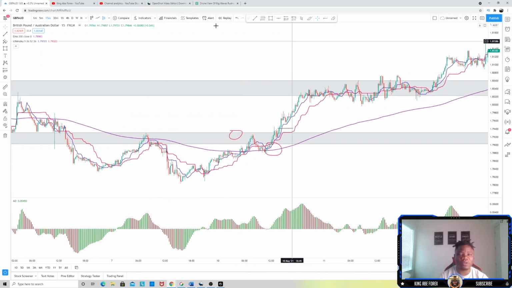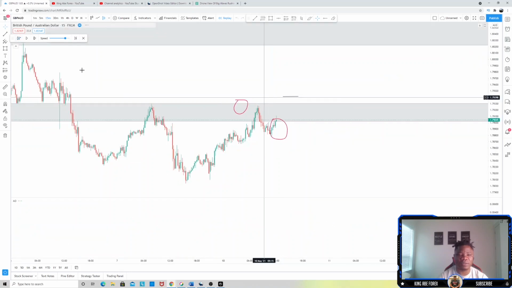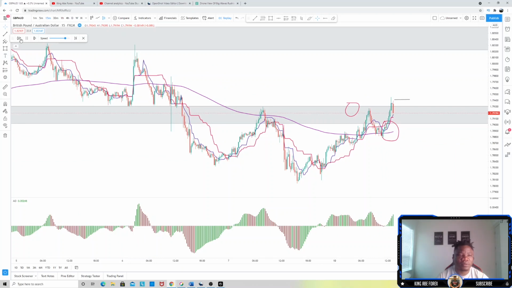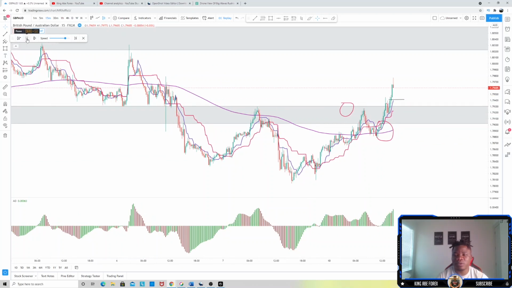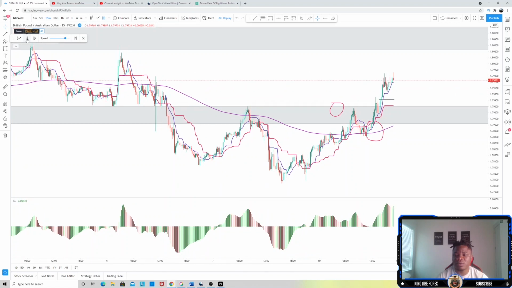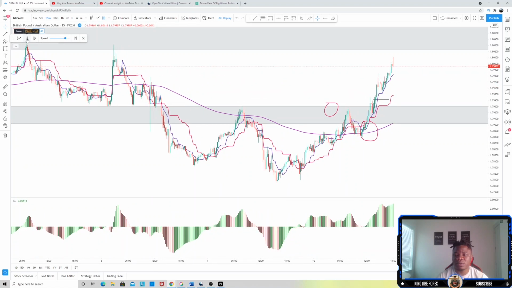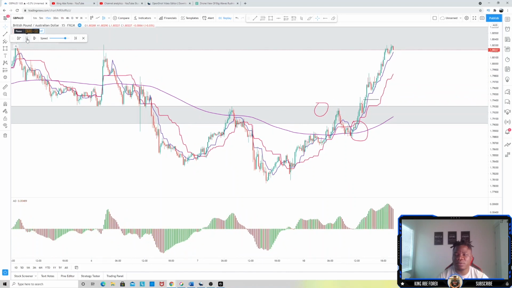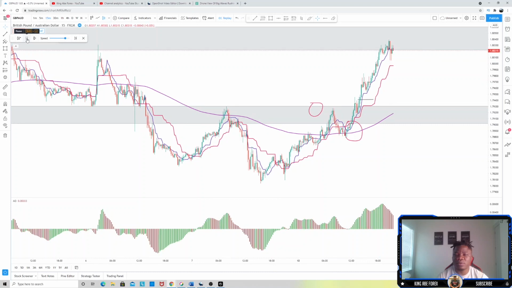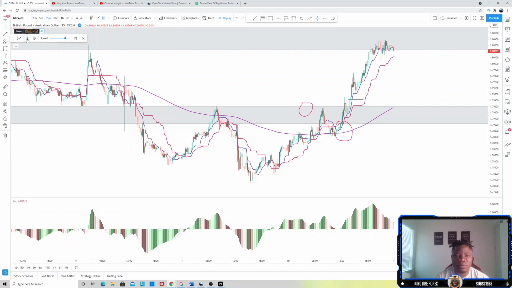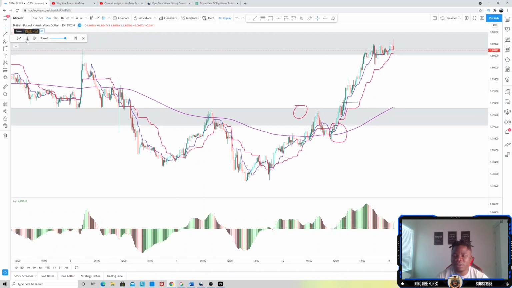So now I'm going to put this in replay mode and we'll see how this trade played out. We got our entry. Price kept on going.